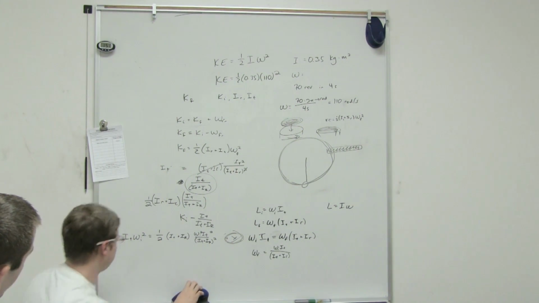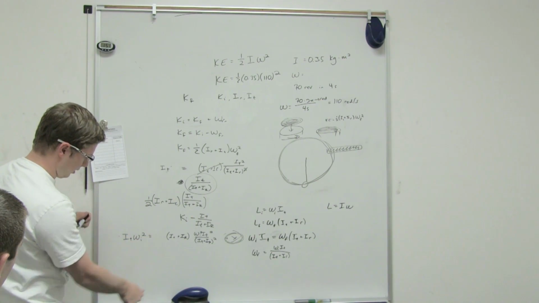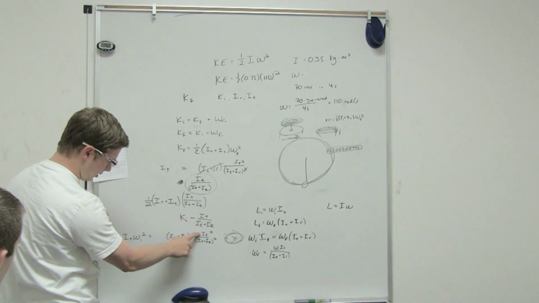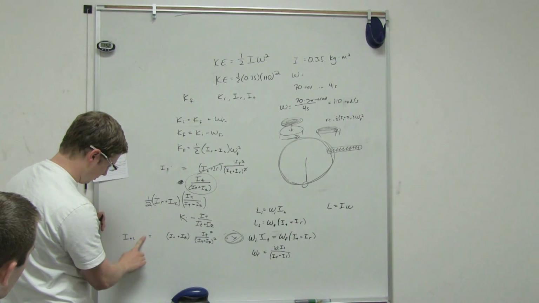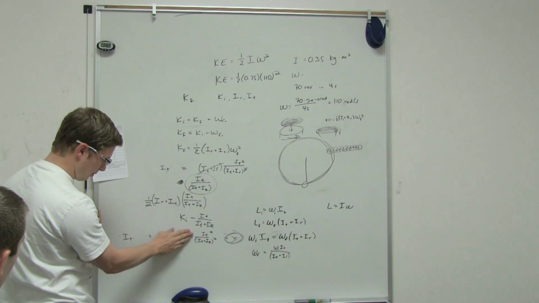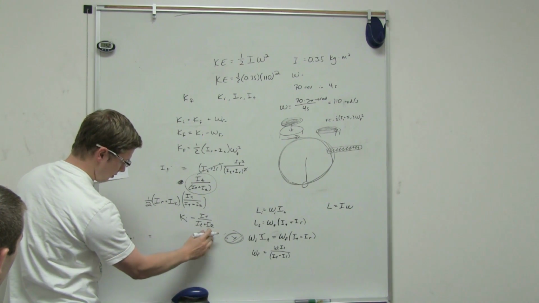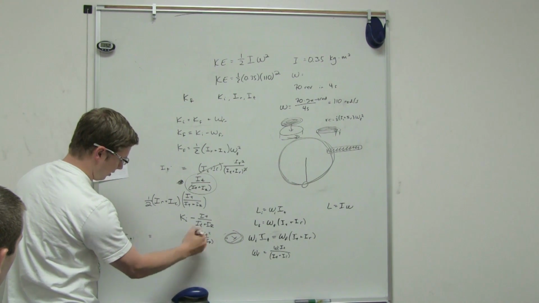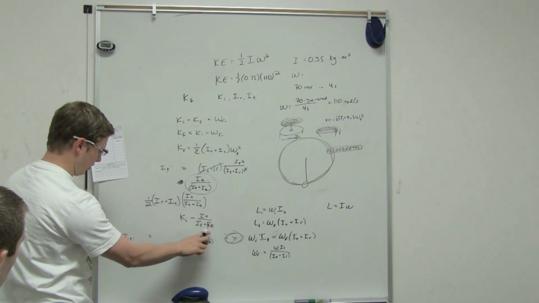So I just take out common terms: the 1/2, the ω initial squared, get rid of that, and we just have this left. We can simplify this and take away one of these.